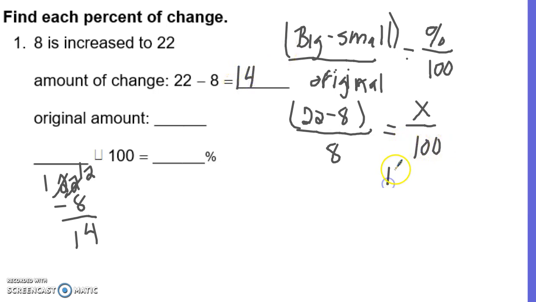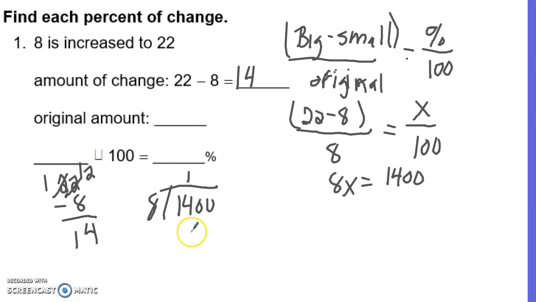14 times 100 is 1,400. Now we have to divide by 8. So when I divide by 8, I go in there 1 time. I go in there 7 times.